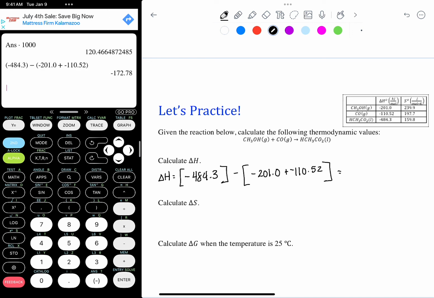So that gives us a delta H of negative 172.78, and that is in kilojoules per mole.